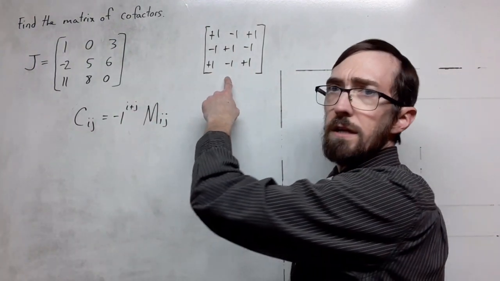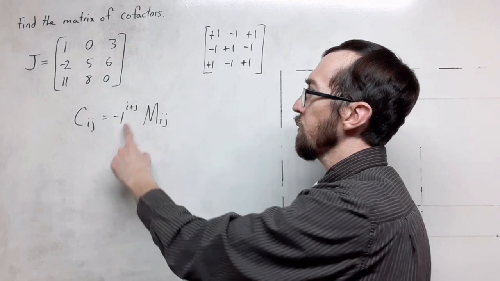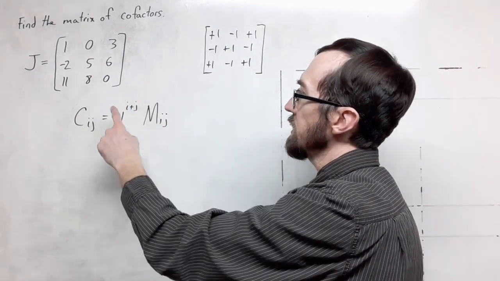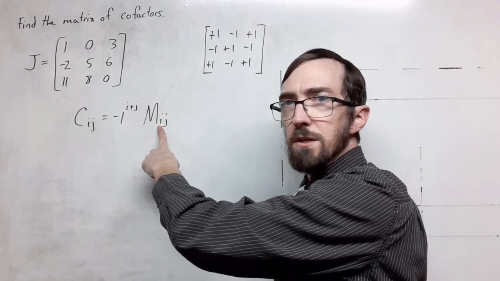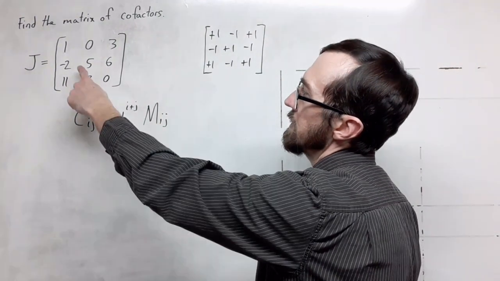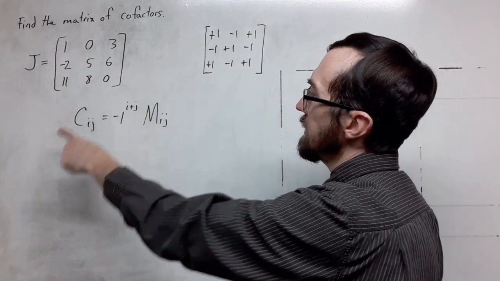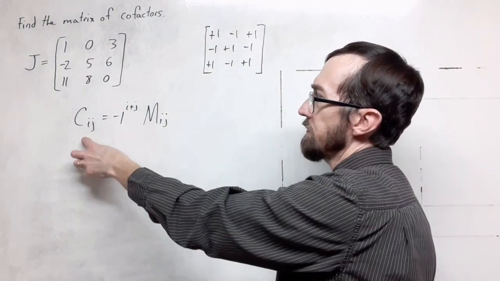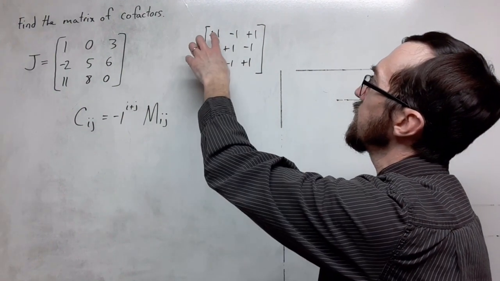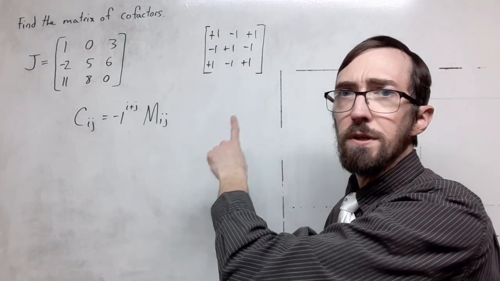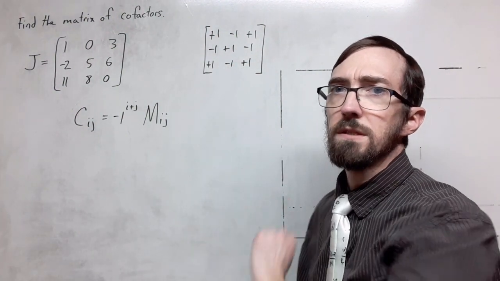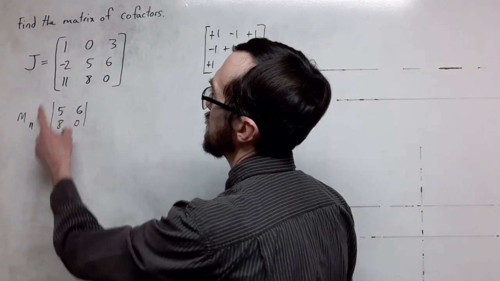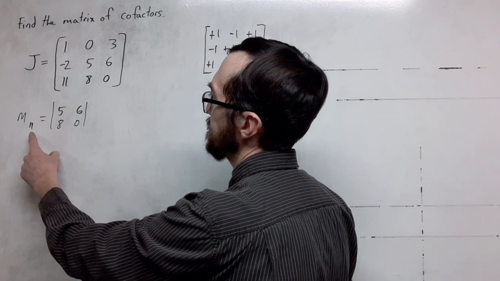Since we've already created our reference matrix here, we're going to ignore this first term to begin with. We're going to find all of our minors based on the element in the original matrix. And then as we plug them into our matrix of cofactors, we will multiply by the appropriate negative when we get to that point.